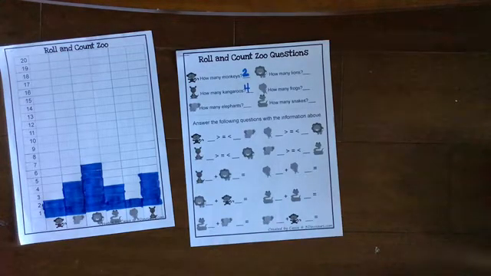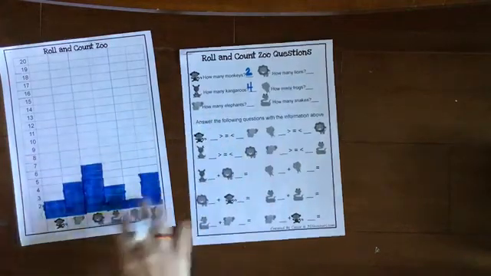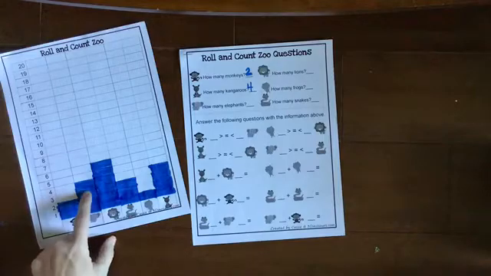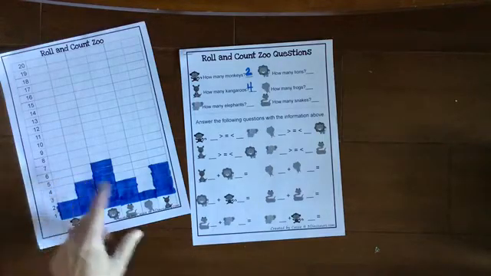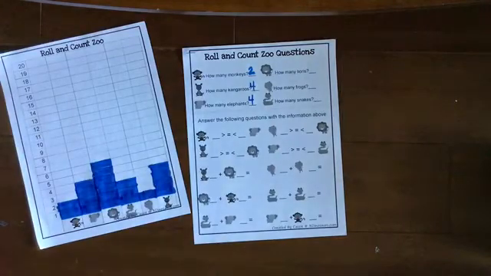And then write down the number on the line. Okay, my next animal right here is an elephant. So I'm going to find my elephant right here, and I'm going to count 1, 2, 3, 4. I'm at 4, so I'm going to write down 4. So go ahead and count your elephants. See how many did you have, and then write your number on the line.